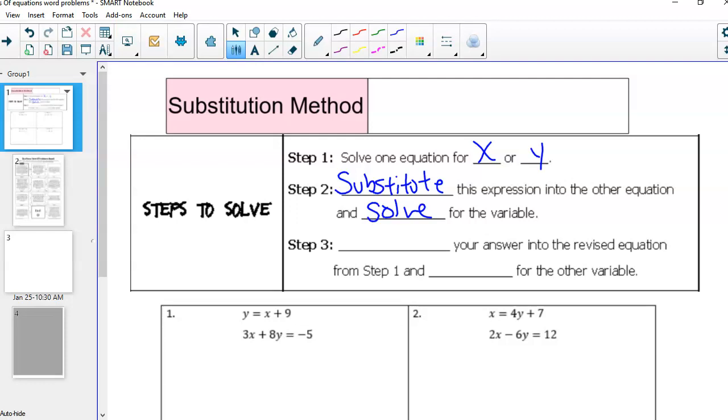And then you're going to substitute your answer into the equation from step 1 and solve for the other variable. So it's a lot of substituting and solving.